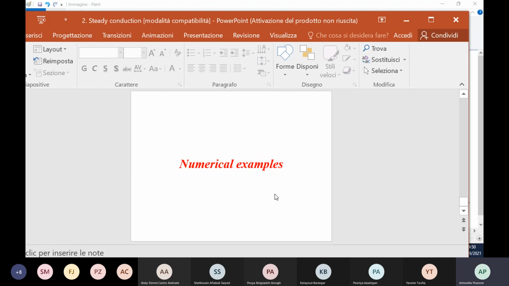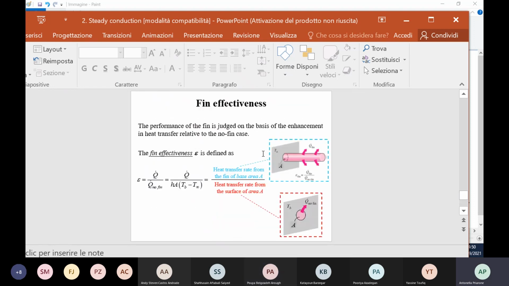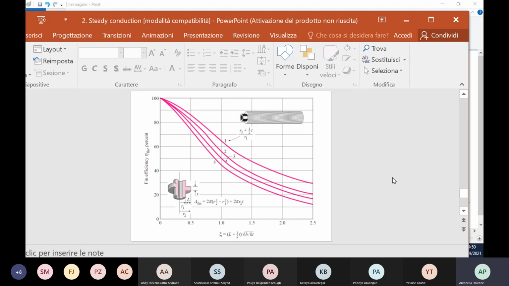You see now the slide? This one is the graph. I did a sketch now on the paint file, but you have to refer to this one.